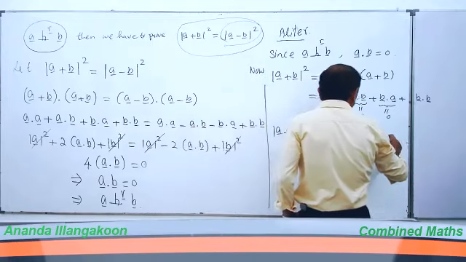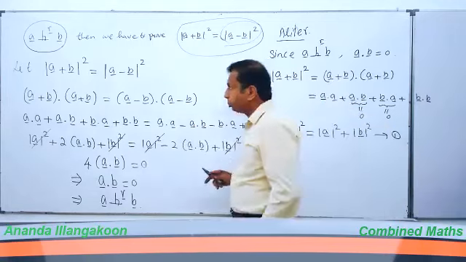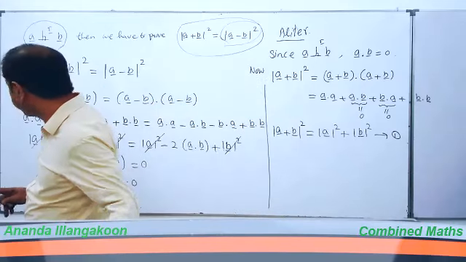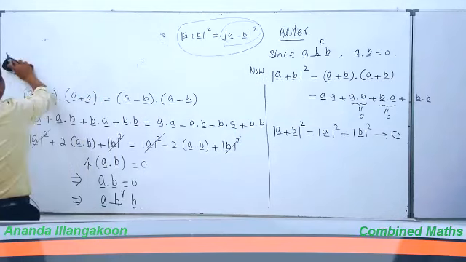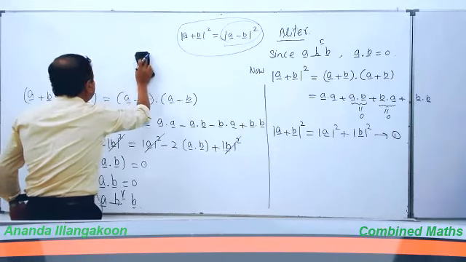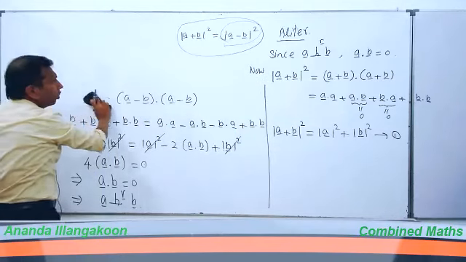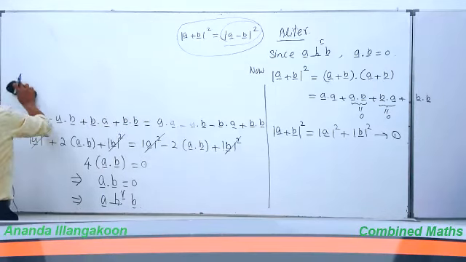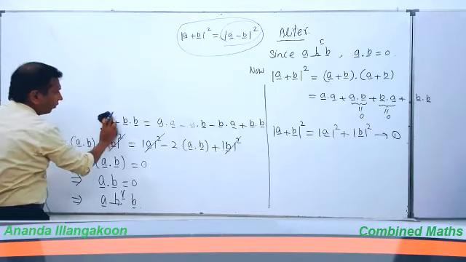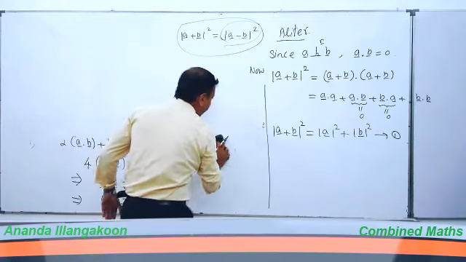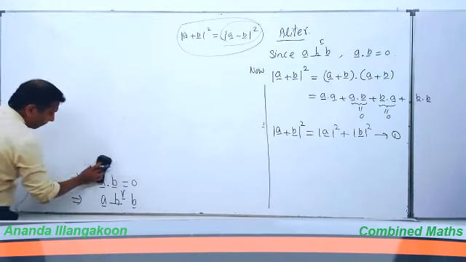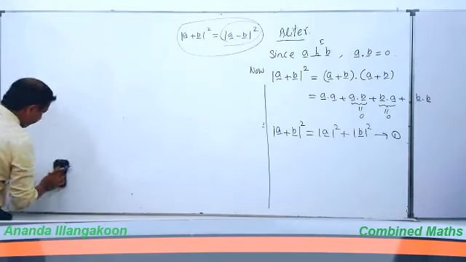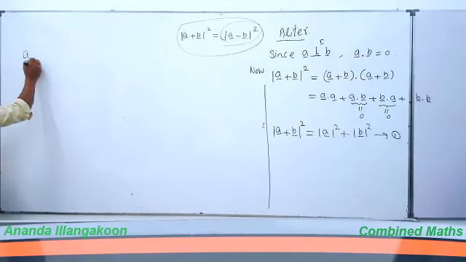Say this as number 1. Right. Secondly, we take the answer for A minus B mod squared.